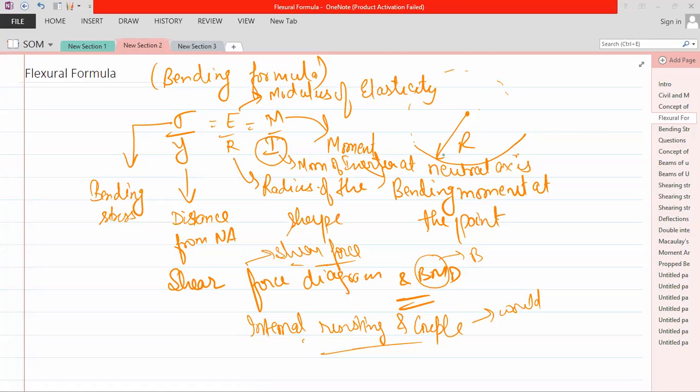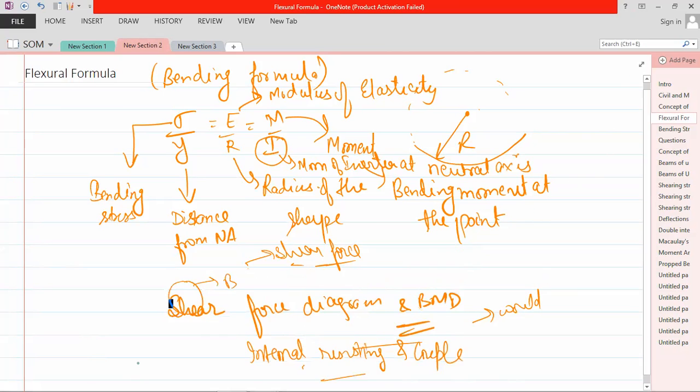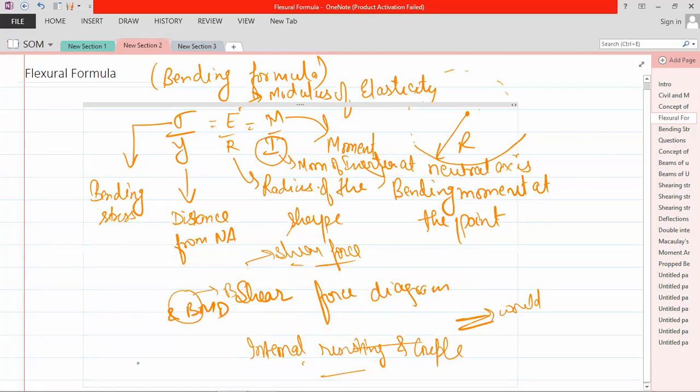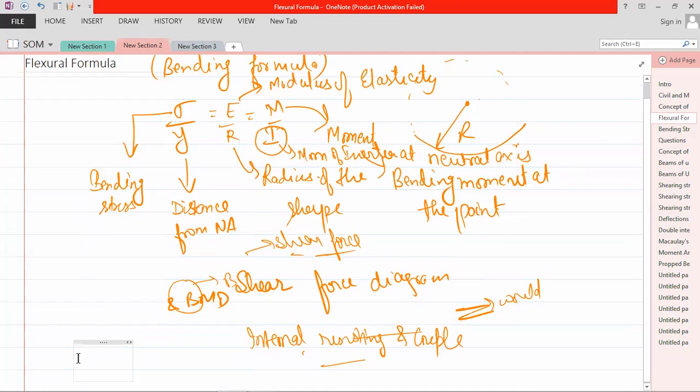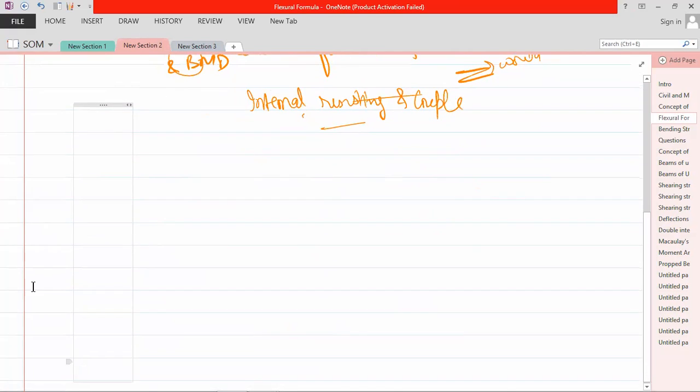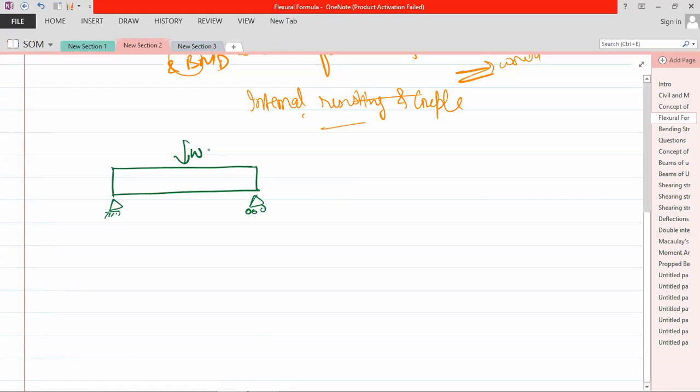Now, let me give you an example. Suppose I have a simply supported beam, and I put a load W on it.